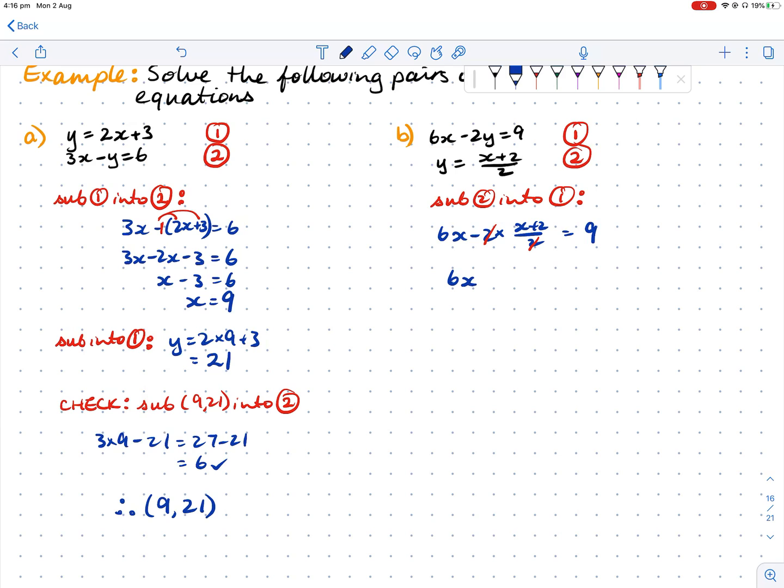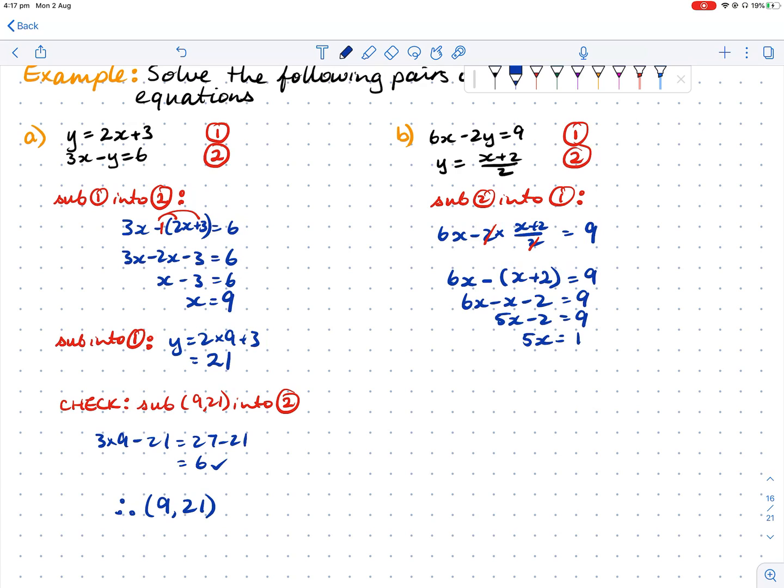So what we've got left is 6x minus, be careful there because there are brackets, (x plus 2) equals 9. 6x minus x minus 2 is 9. 5x minus 2 is 9. So I've just collected the like terms.